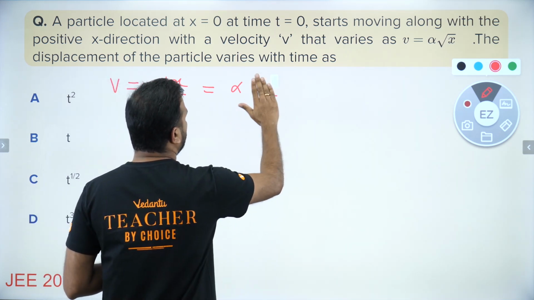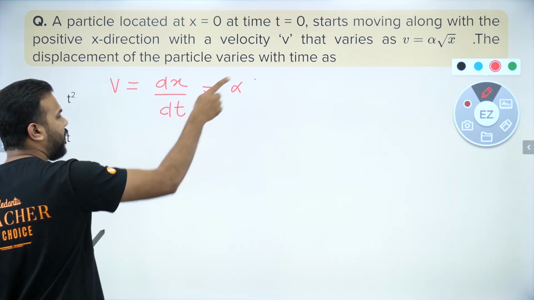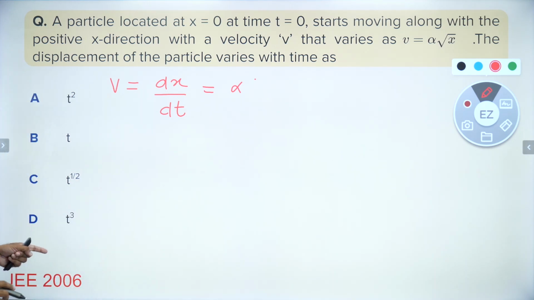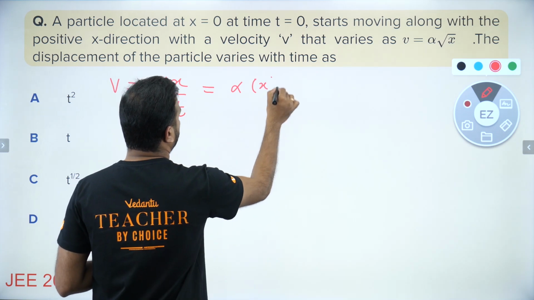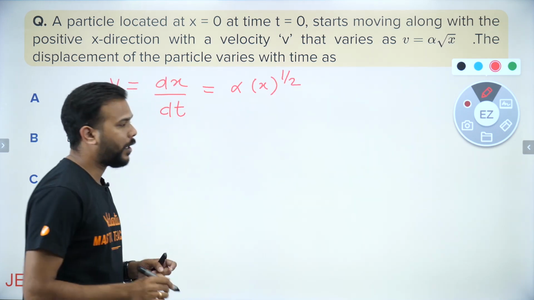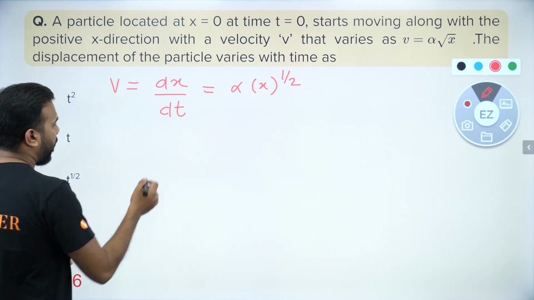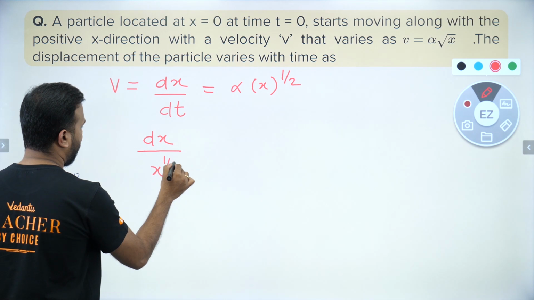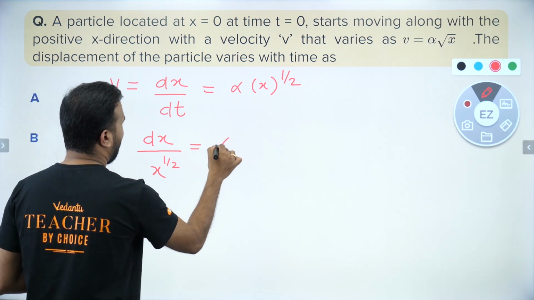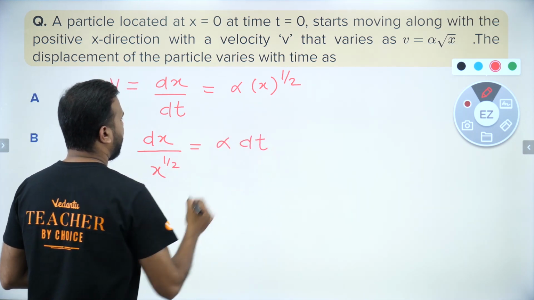Now, if we have to find out the value of x in terms of t, that is what is desired in the question, so obviously I'll try to do the integration here. I'm writing the root x as x to the power half, which means I can rearrange it to write x to the power half here in the denominator. dt goes on that side, that is right hand side, and I can write it like this.